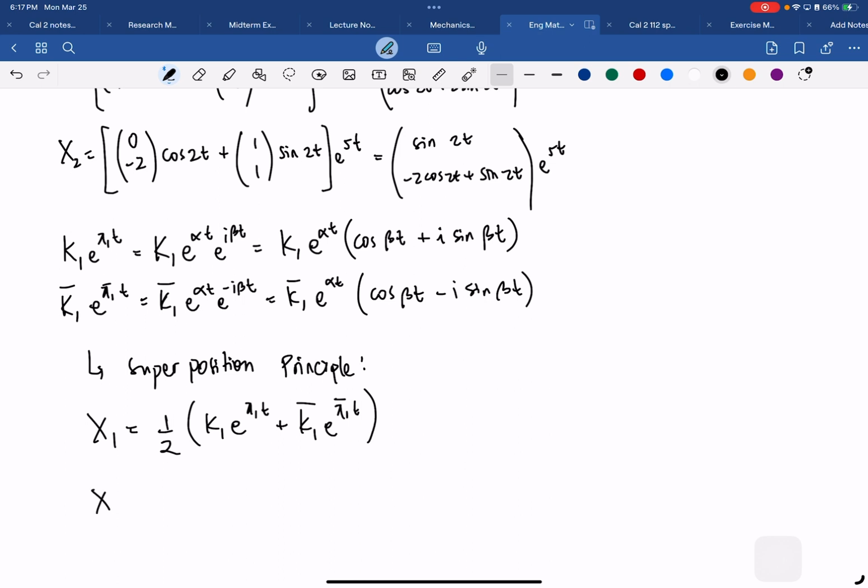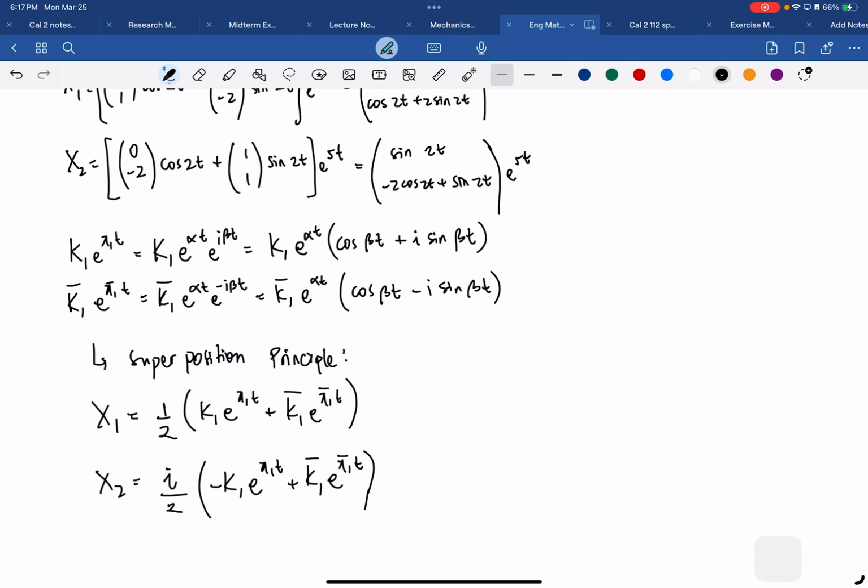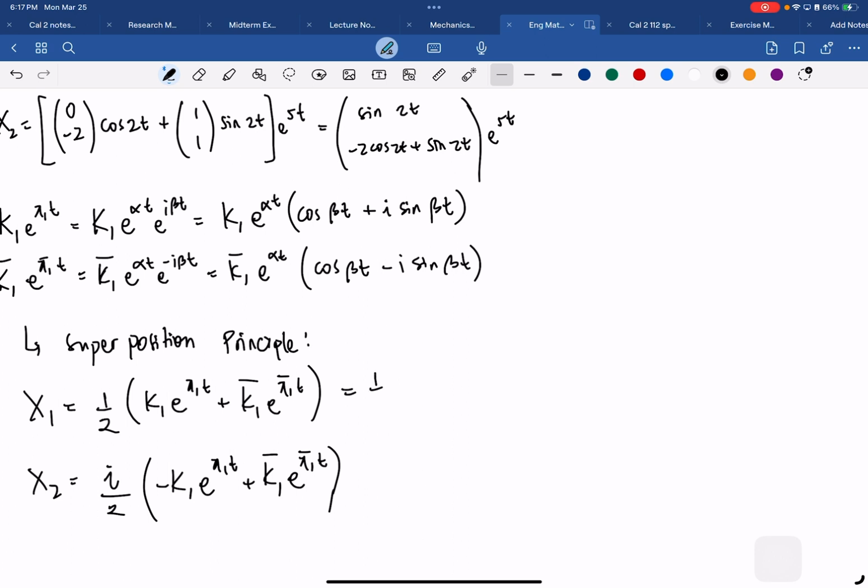The same thing with x2. We are doing it the same way, but now we have i over 2. And basically, this will be equal to, and write all the Euler terms.